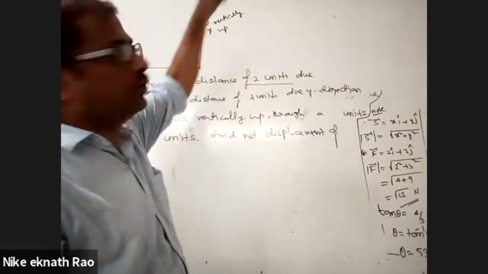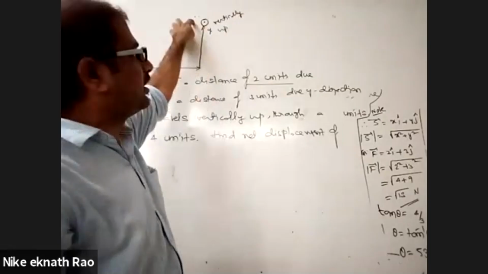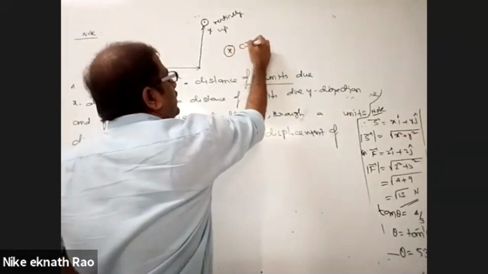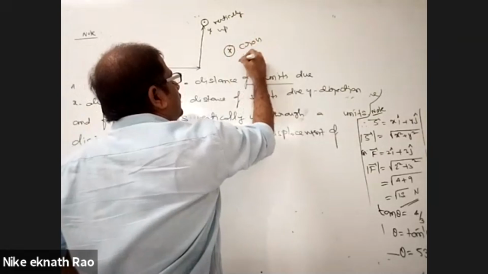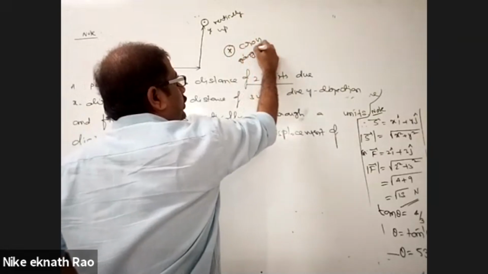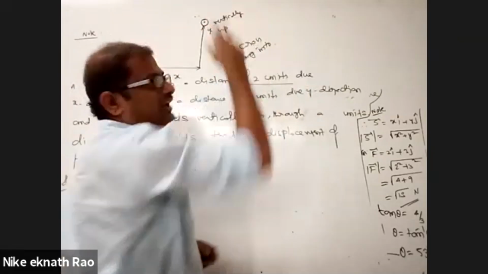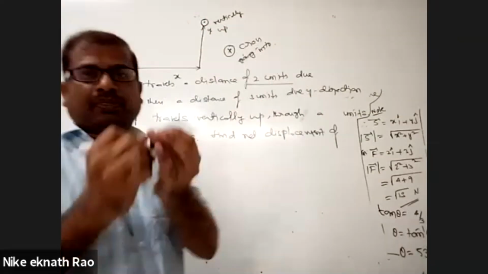Something coming out, something going in: going in is a cross, coming out is a dot. Like when you shoot an arrow.